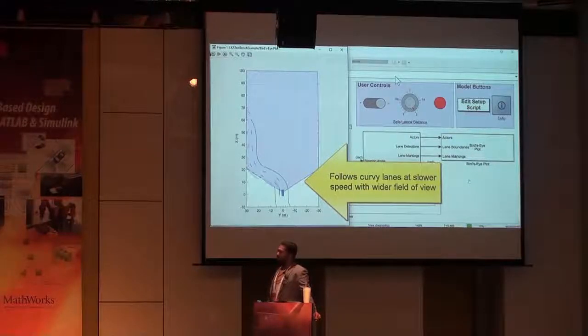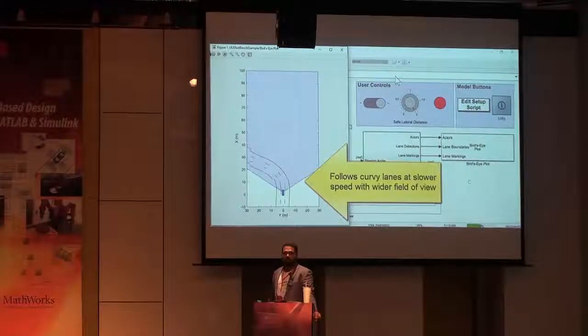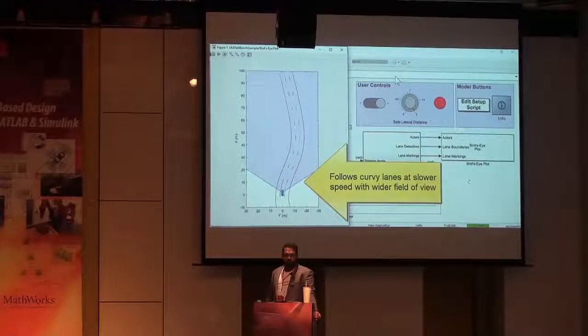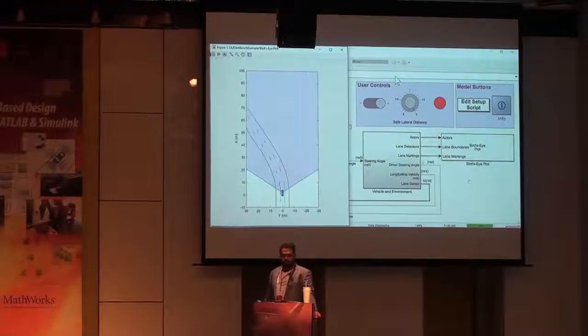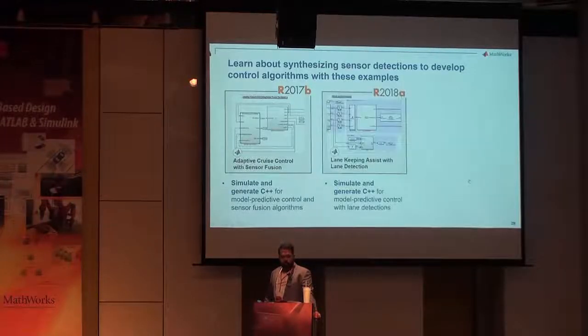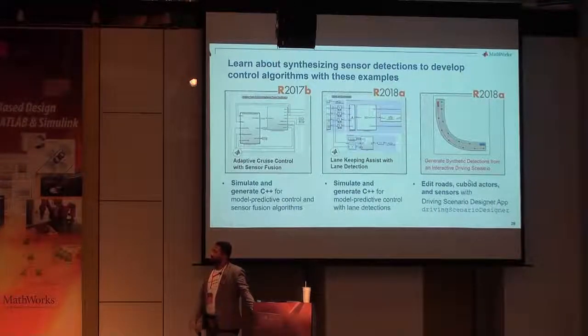So now we have a slower vehicle with a wider field of view, and that gives us a confidence where this car can now track the lanes. So you can see that due to a different scenario, you needed to have different hardware, different parameters, and this is a way to test that out, the driving scenarios. So there's more about creating driving scenarios here within the Automated Driving Toolbox. You can see more.